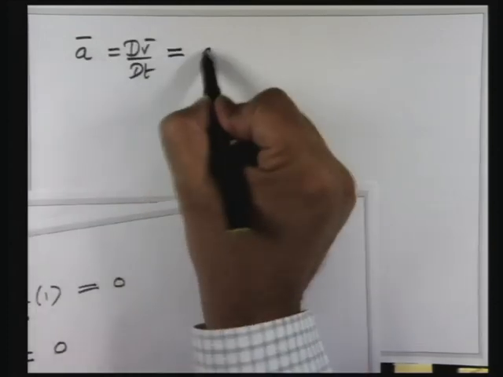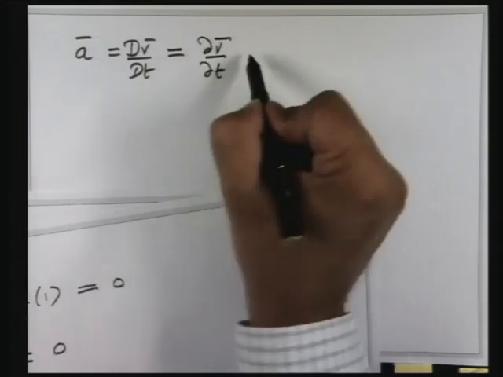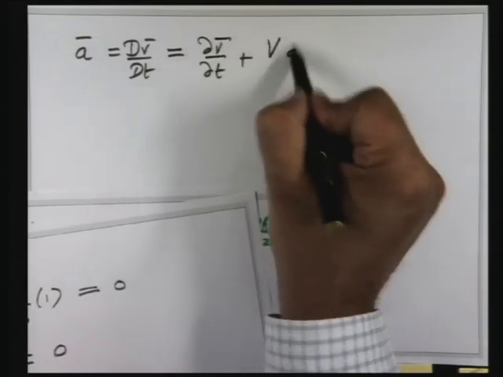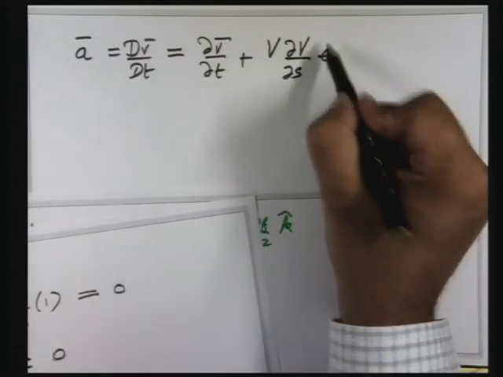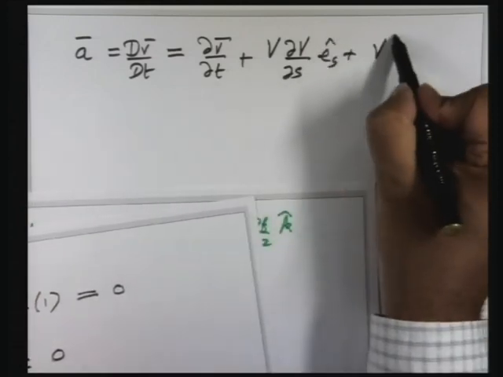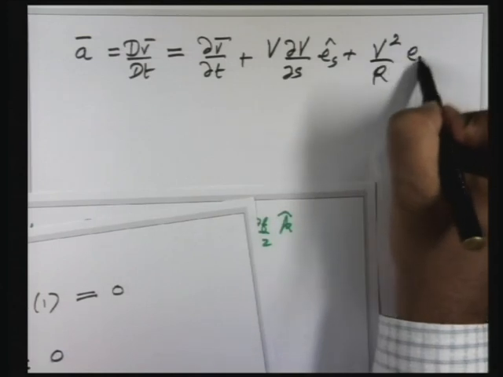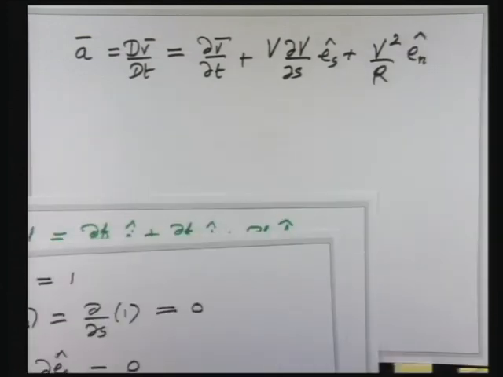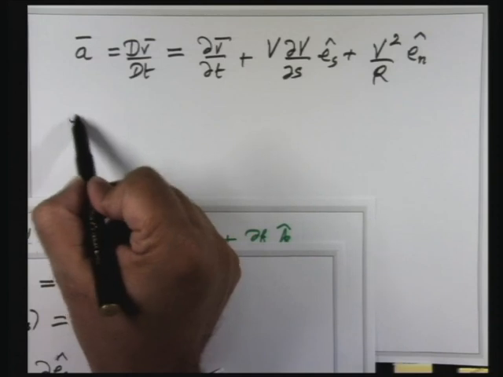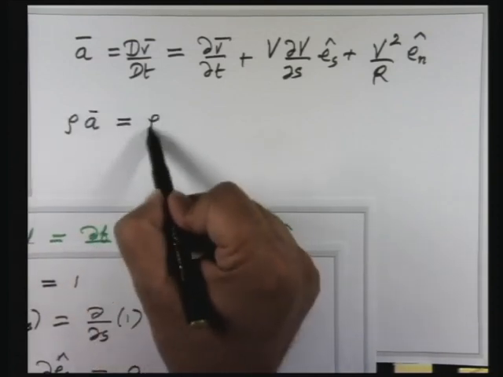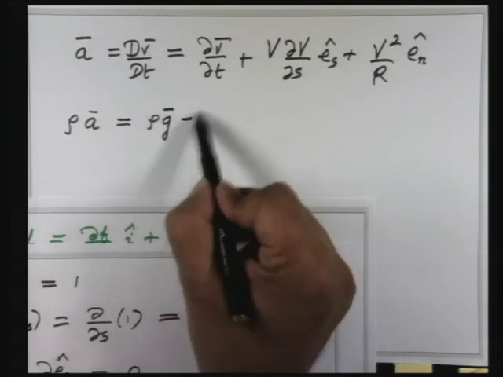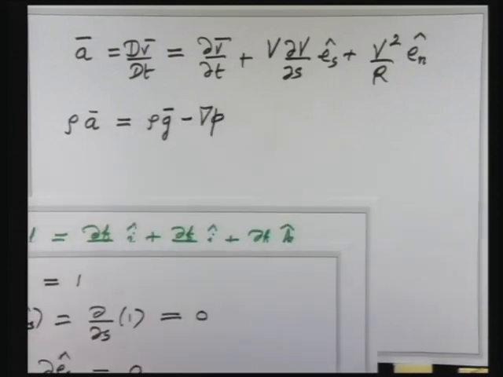We'll write it as del V del T plus magnitude V del del S of the magnitude Es plus V squared by R En. Now you're going to have rho times acceleration equal to rho times G minus grad of P.